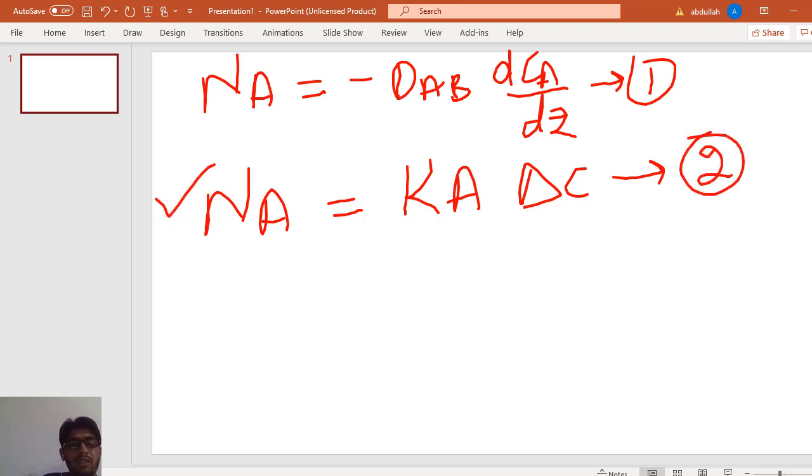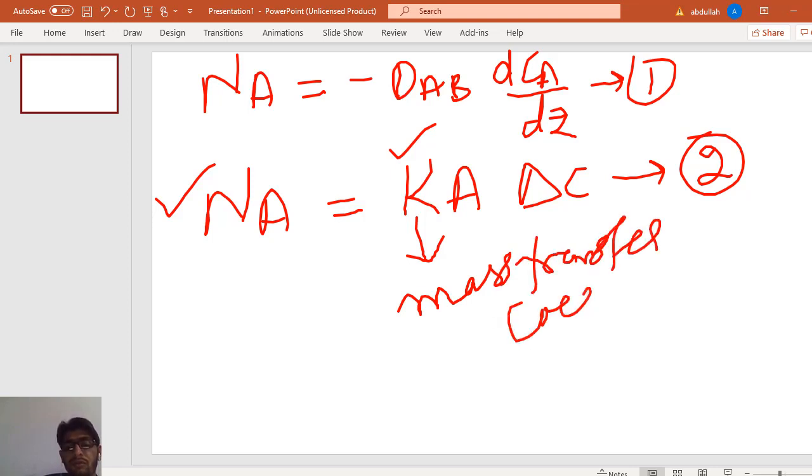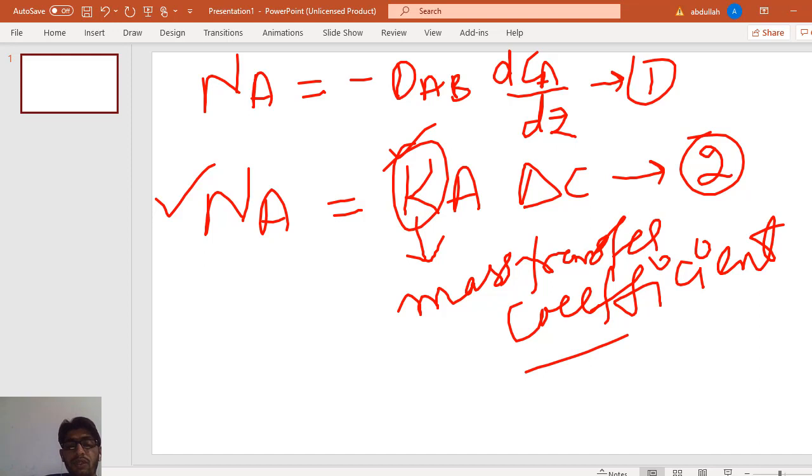This constant K is called the mass transfer coefficient. For liquids, the mass transfer coefficient will be different. For gases, the mass transfer coefficient will be different. So this is the mass transfer coefficient, this is the area for mass transfer, and this is the concentration gradient.